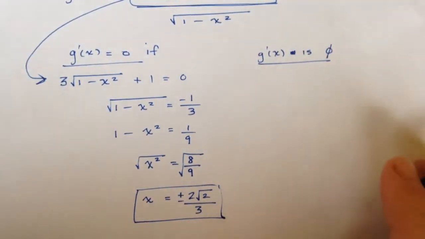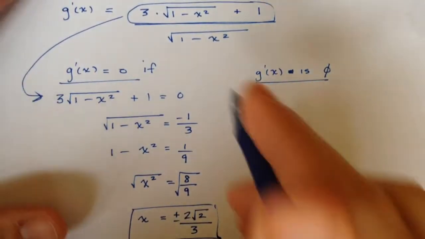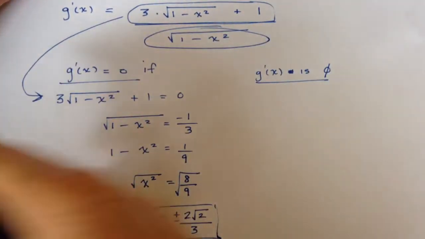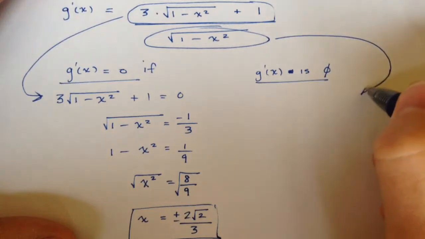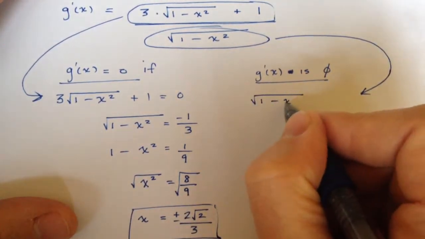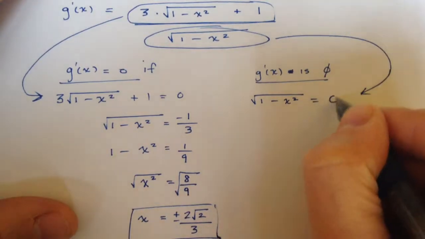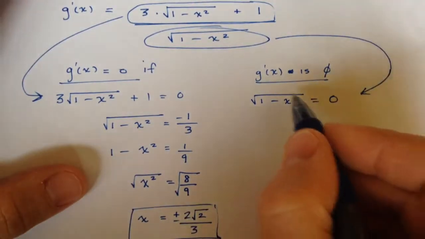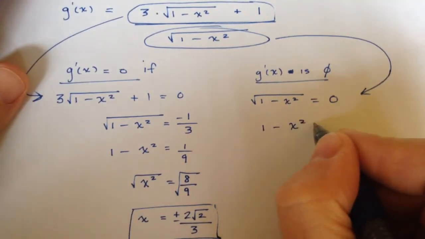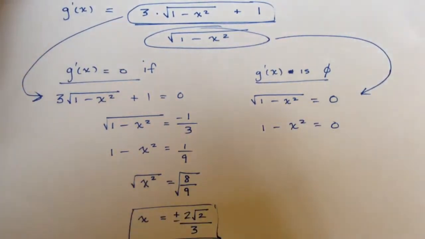Now let's look at what makes the function, or the derivative, undefined. Well, when the denominator is 0, since you can't divide by 0, those values would make the derivative undefined. So we're going to solve this equation. If we square both sides, we get 1 minus x squared equals 0 squared, which is 0.